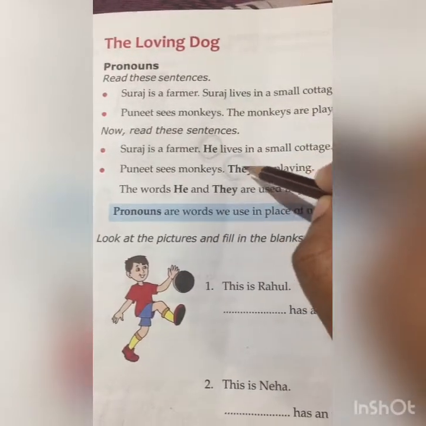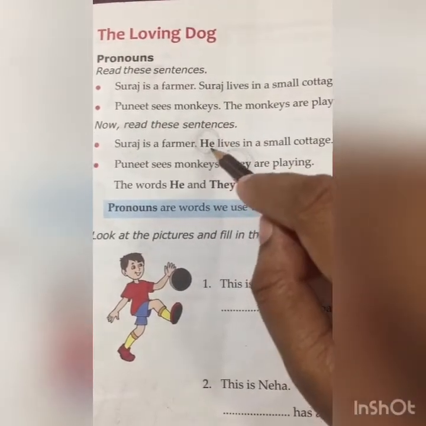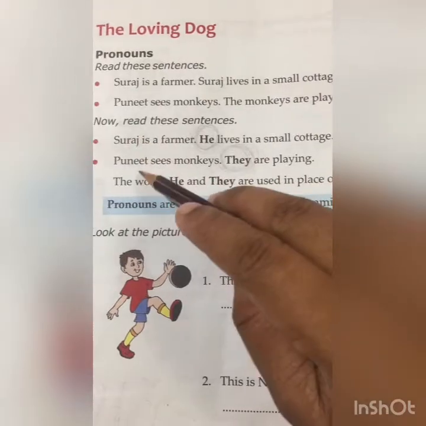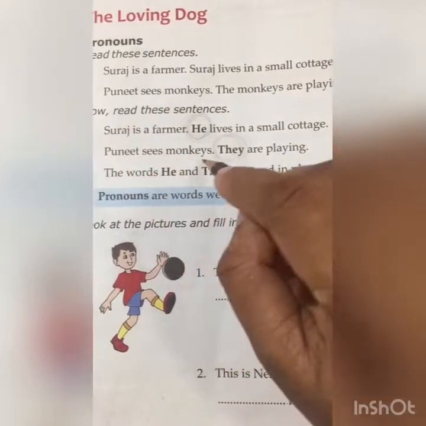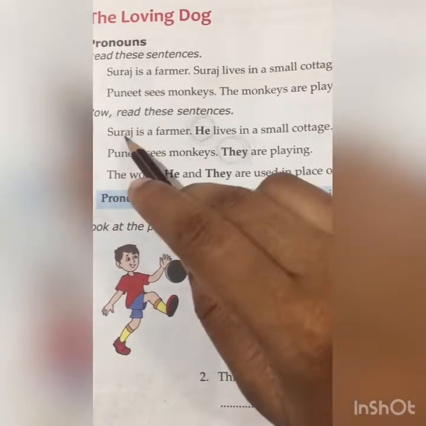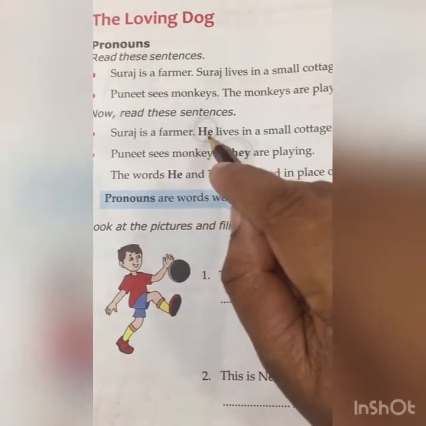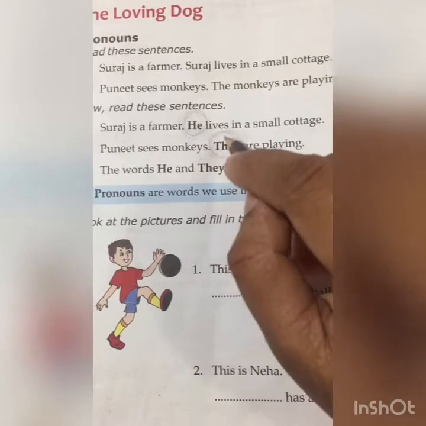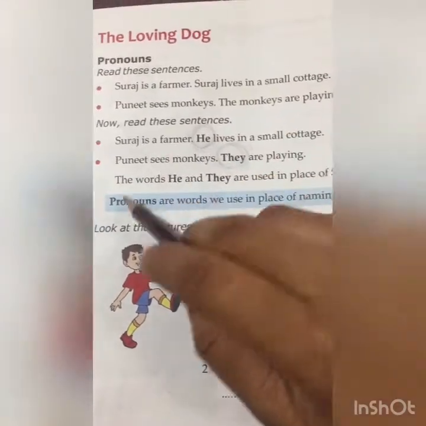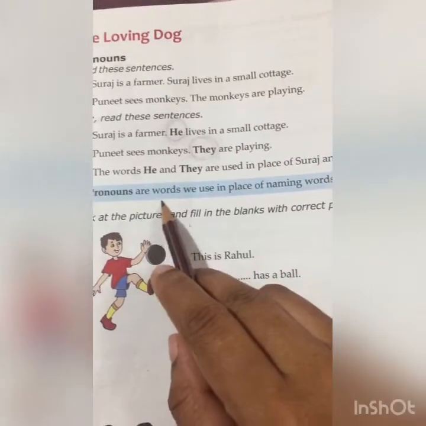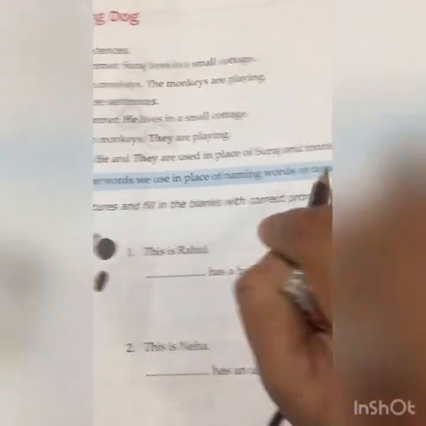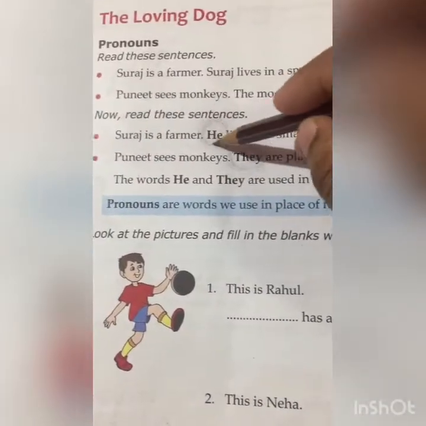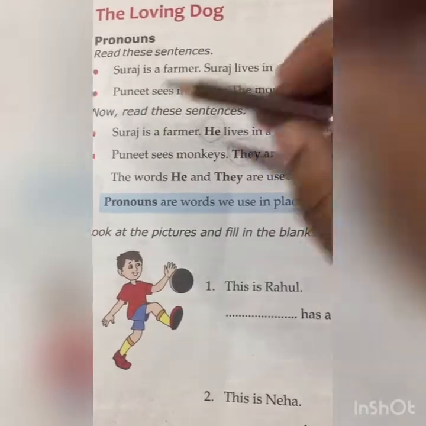And these words which we have used instead of these naming words or nouns, they are nouns, right? Naming words. Instead of naming words, we have used these two words, and they are called pronouns. Pronouns are words we use in place of naming words or nouns.